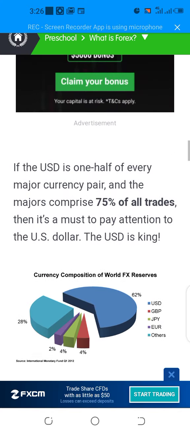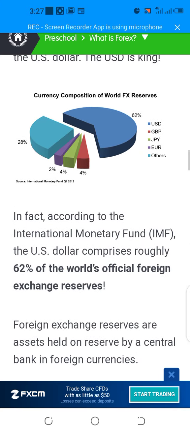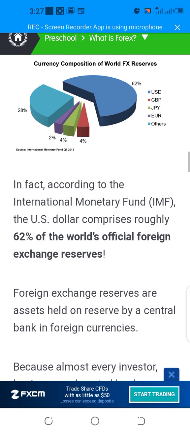Where the USD is not quoted first, and we want to get the US dollar value, we add one more step.